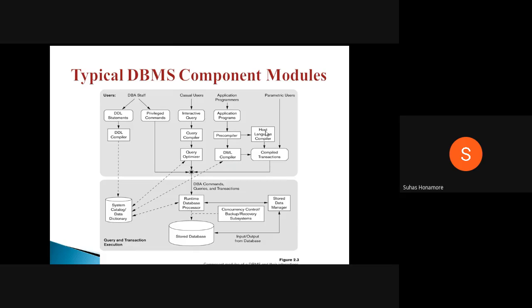And one more part is the Java code itself. For that, the host language compiler will be there, and it will give it to it. Then compiled transactions combine these two and give it. For example, from the front end you give a value in one box, from which you are accessing the name.